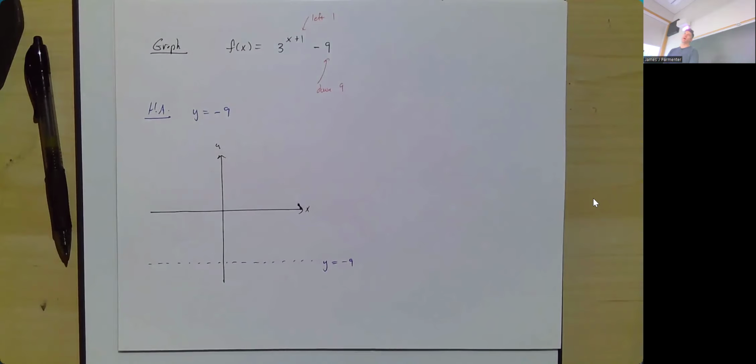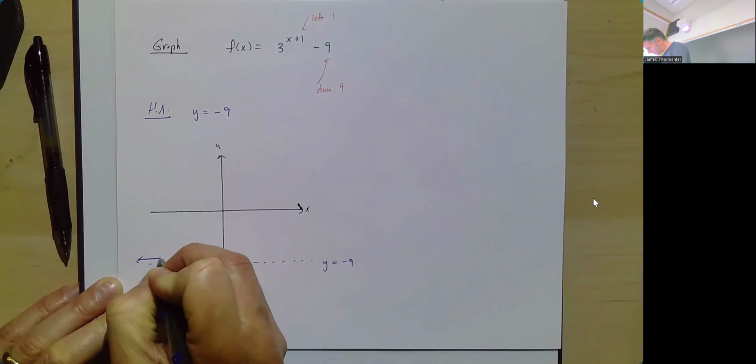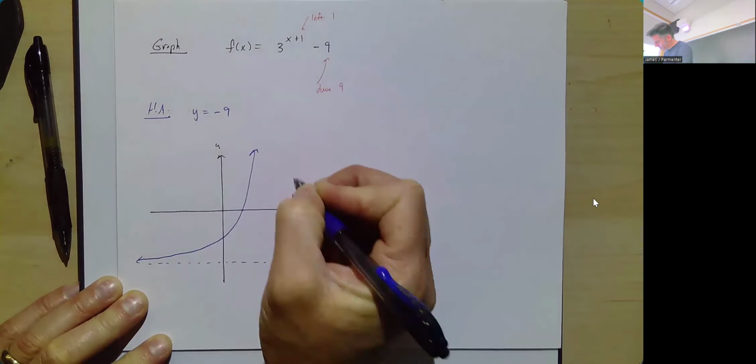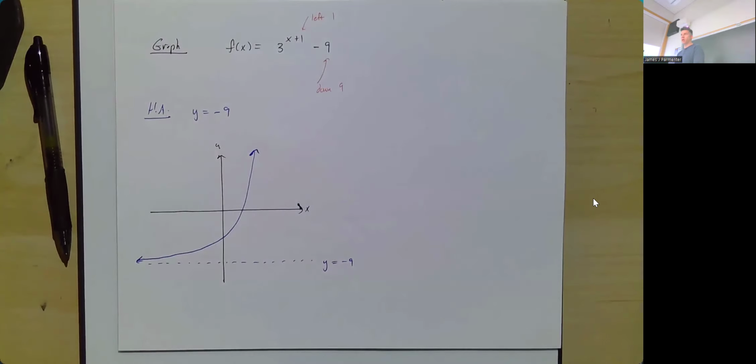I might find a couple more pieces of information, but I shouldn't worry about what they actually are when I graph it. My graph doesn't need to be perfect. It just needs to be a sketch. So here's my graph. I know it's going to look like this. Maybe not my best work ever. It's okay. It's got the usual shape.